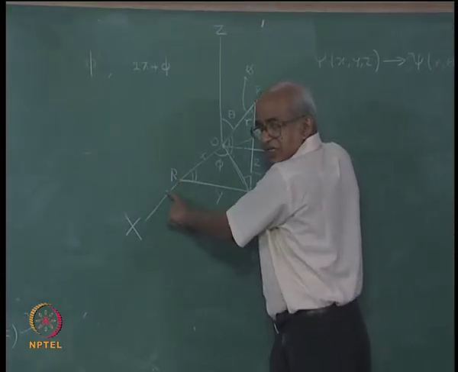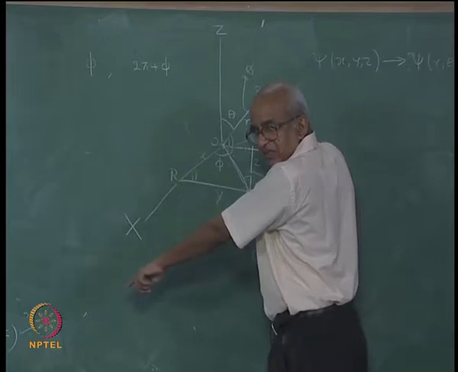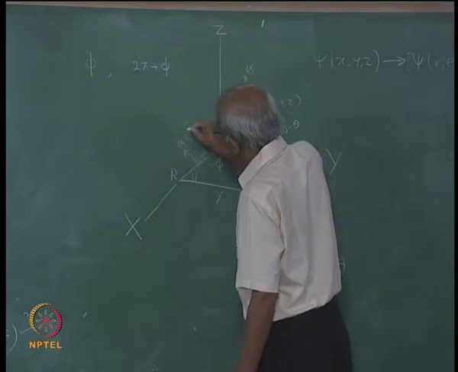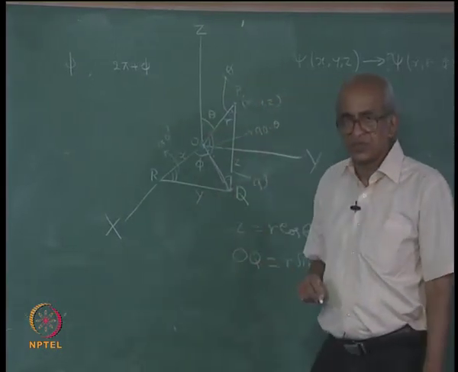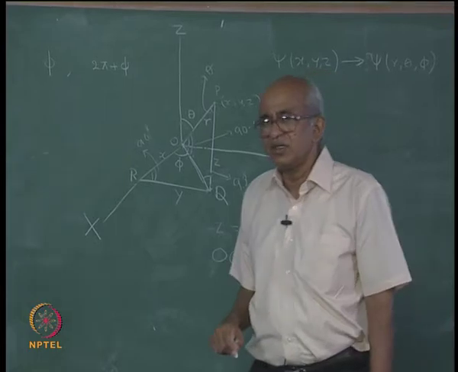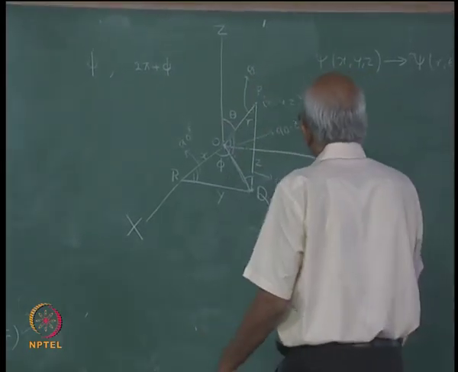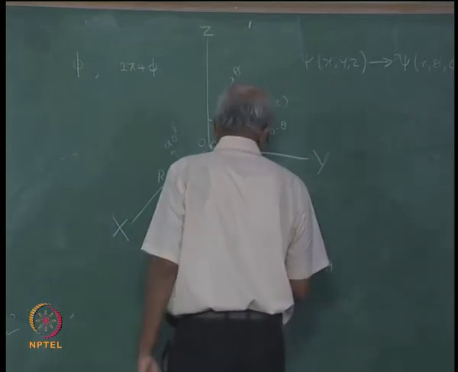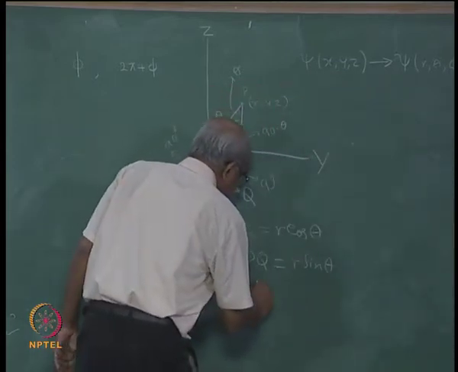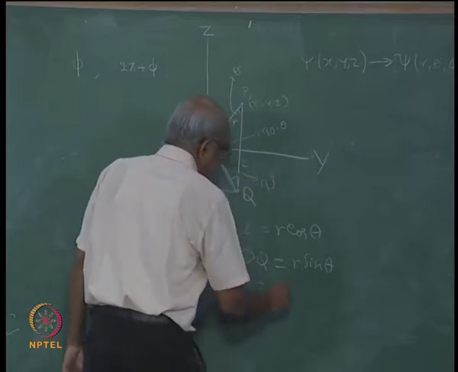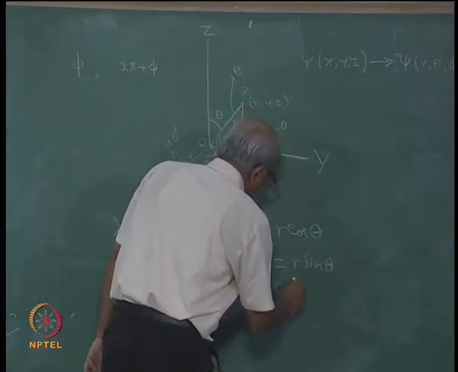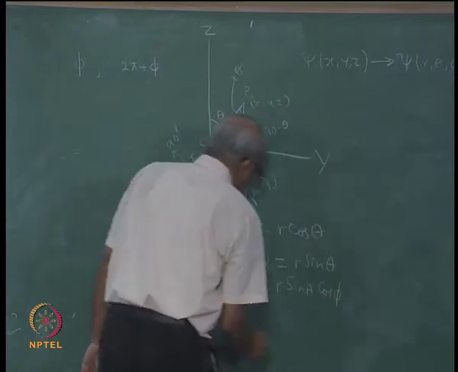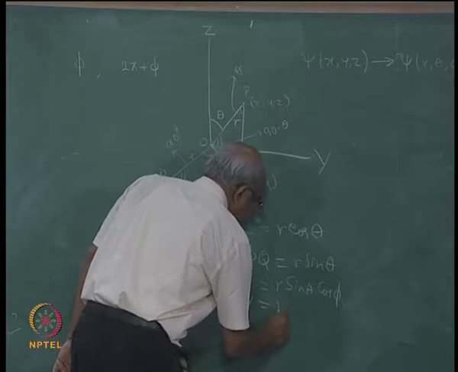This line actually is perpendicular to the x axis, and therefore, this angle has to be 90 degrees, even though it does not appear to be so. So, this is another right angle triangle, right. And using trigonometry, you can show that x must be equal to R sin theta cos phi, and y must be equal to R sin theta sin phi.